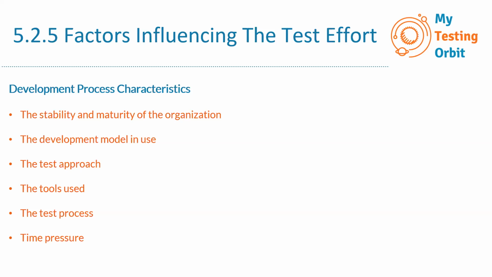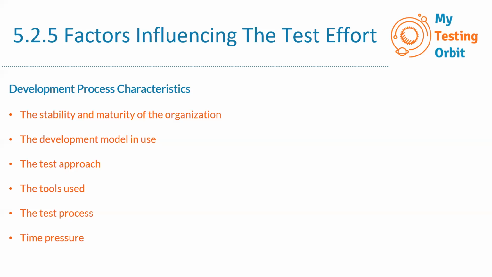Then the third one is the test approach, that is, when we are defining our test approach, what kind of test approach we have defined. And we did this in the last session, that there are factors which are included to decide what kind of test approach we should go for. Then which tools are we using?